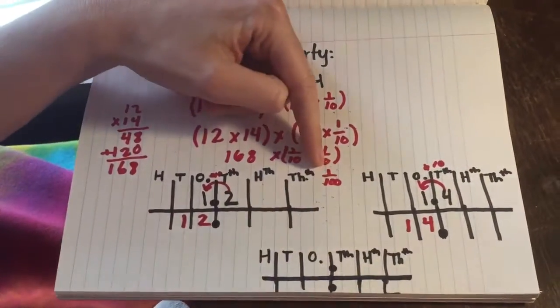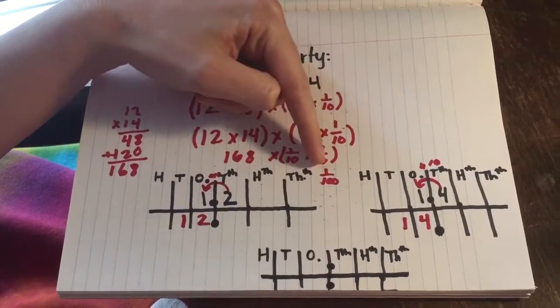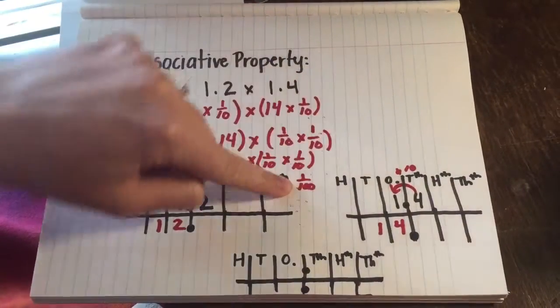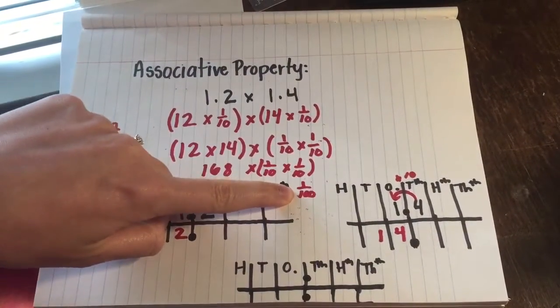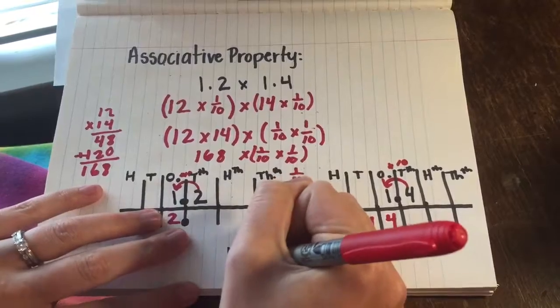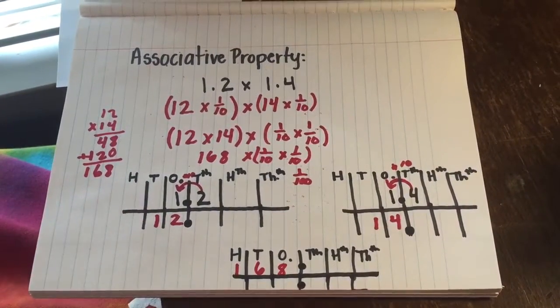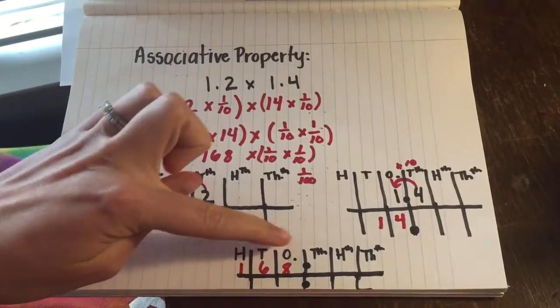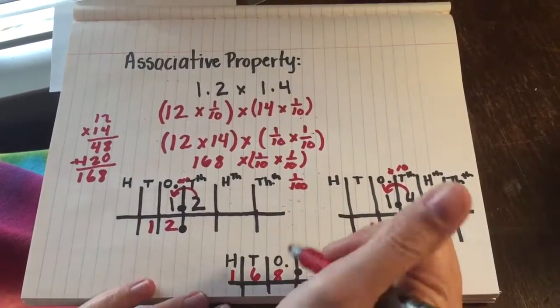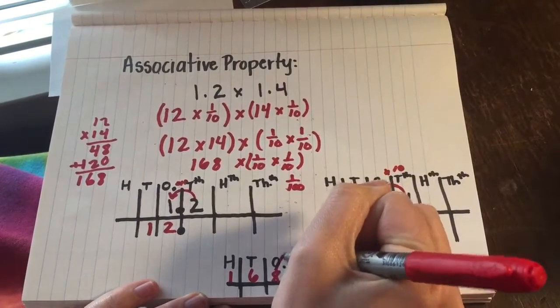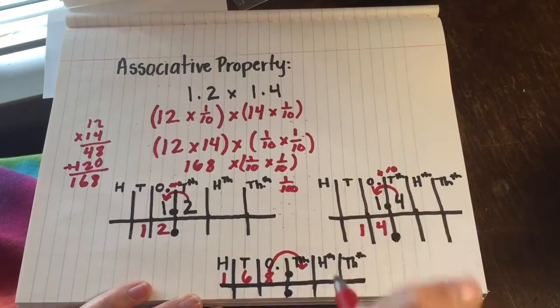and because I'm familiar with powers of 10, it's easy for me to multiply 168 times 100th because I'm familiar with doing that from powers of 10. So I'm going to write 168 here, but then I'm going to use what I know about powers of 10 and I'm going to turn that into the appropriate decimal. So if I multiply this times 1/10, that would move my digit here.